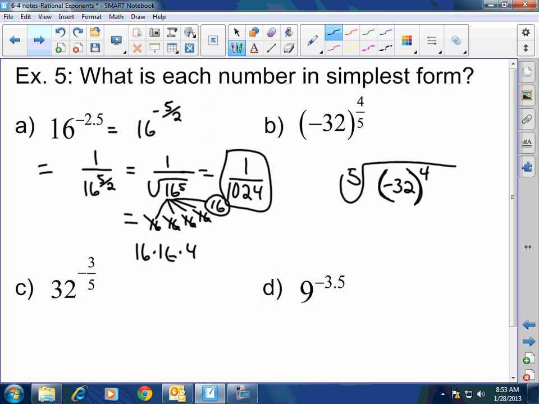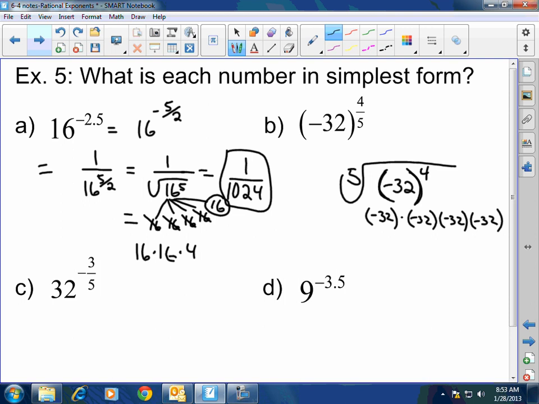This is totally fine. What's happening here is I have negative 32 four times. So I have a negative 32, and I have a negative 32, and I have a negative 32. Okay? Hope everyone's with me there.